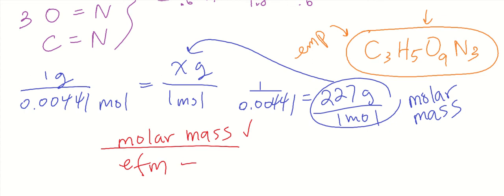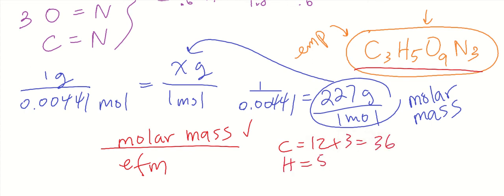All right, so the empirical formula is here. Let's do 3 for the carbon. Carbon is going to be 12 times 3, which is 36. Hydrogen, there's 5 of them, so there's 5. And oxygen is 16 times 9. Punch this in. Is that 144? 144.